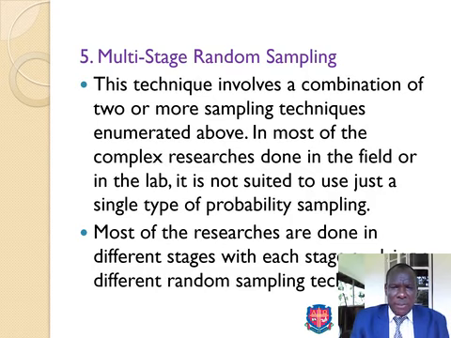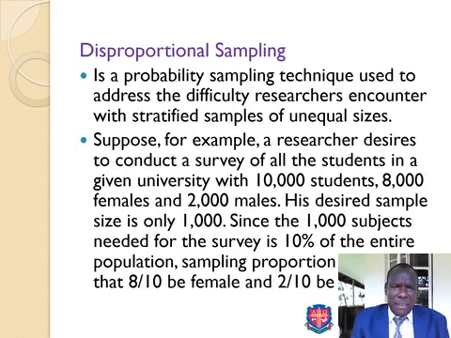Which hospitals do I select? So you keep on narrowing. And when you get to the hospital, do I study women or men or both? So you keep reducing stage by stage. That is what we call multi-stage random sampling. Most research is normally done in different stages, with each stage using a different random sampling technique.